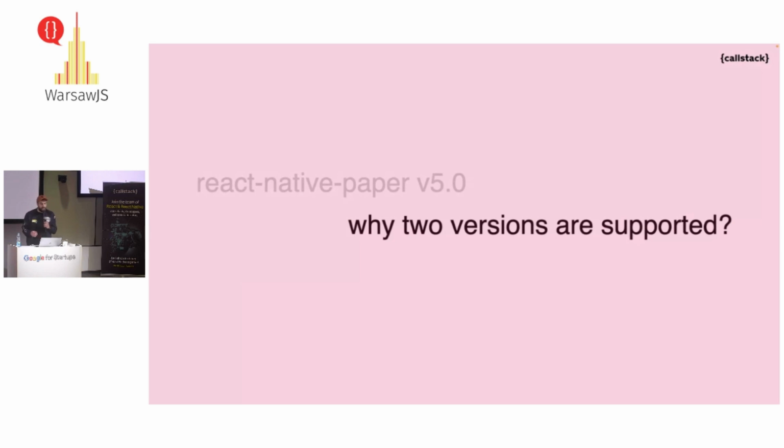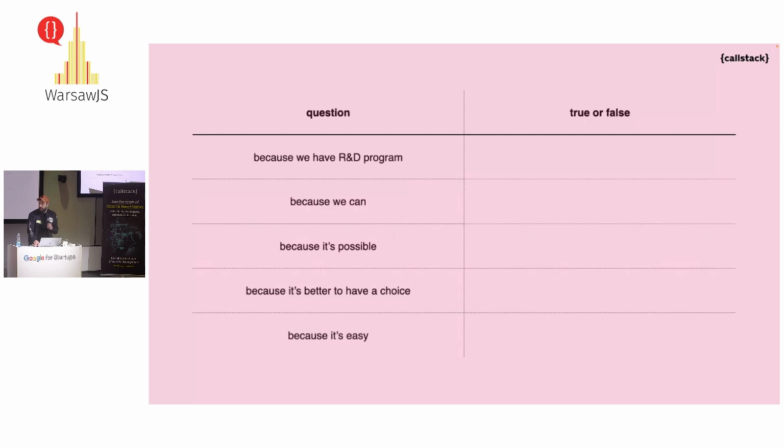And we decided to go one step further and support 2 versions at the same time, because we have an R&D program in the call stack which lets us kick off and maintain that process, because we have a really solid team which could handle that, because changes mostly concern the visual aspect followed by API changes. So it was definitely possible, because we believe it's better to have a choice.